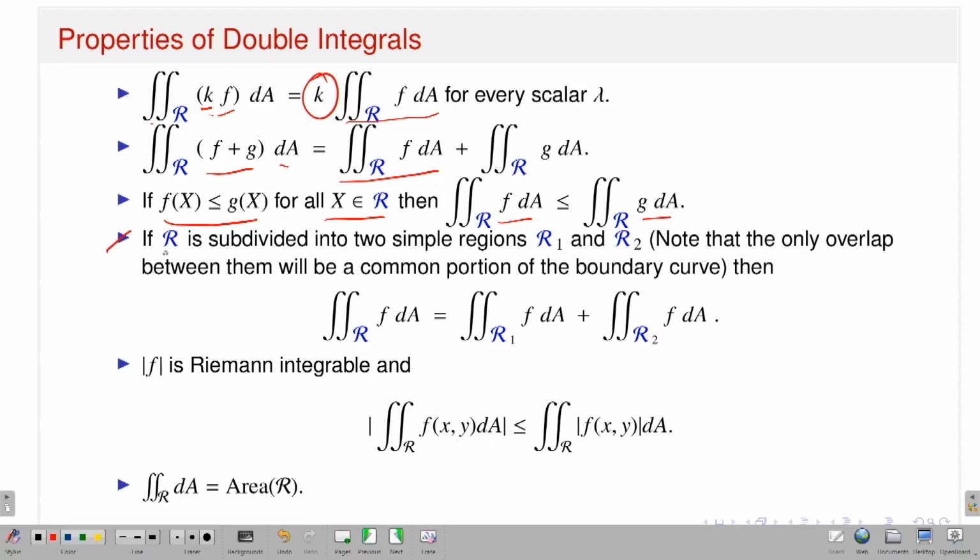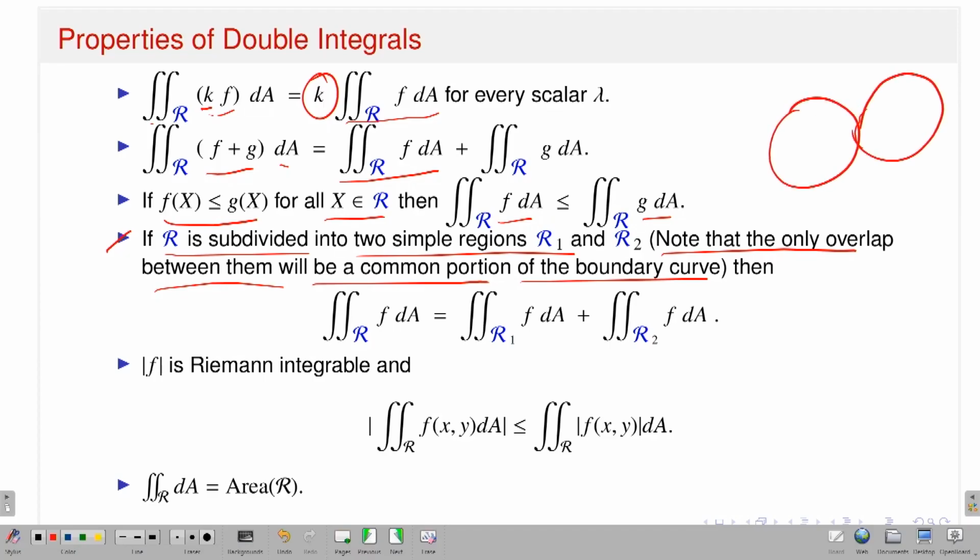This is another important property. If R is subdivided into two simple regions R1 and R2, there is a catch: note that the only overlap between them will be a common portion of the boundary curve.